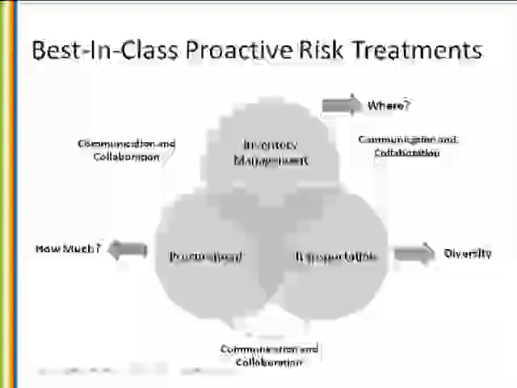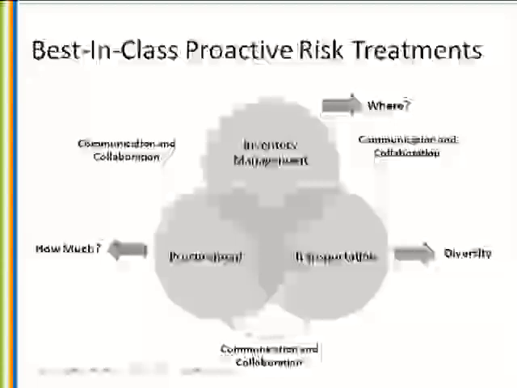So really, when you're looking at inventory management, procurement, transportation, on the inventory management side, where is the inventory? How many suppliers are responsible for that inventory? Is there risk associated with that? Managing that inventory to the degree of where is it and how much do you have of that inventory is critical.